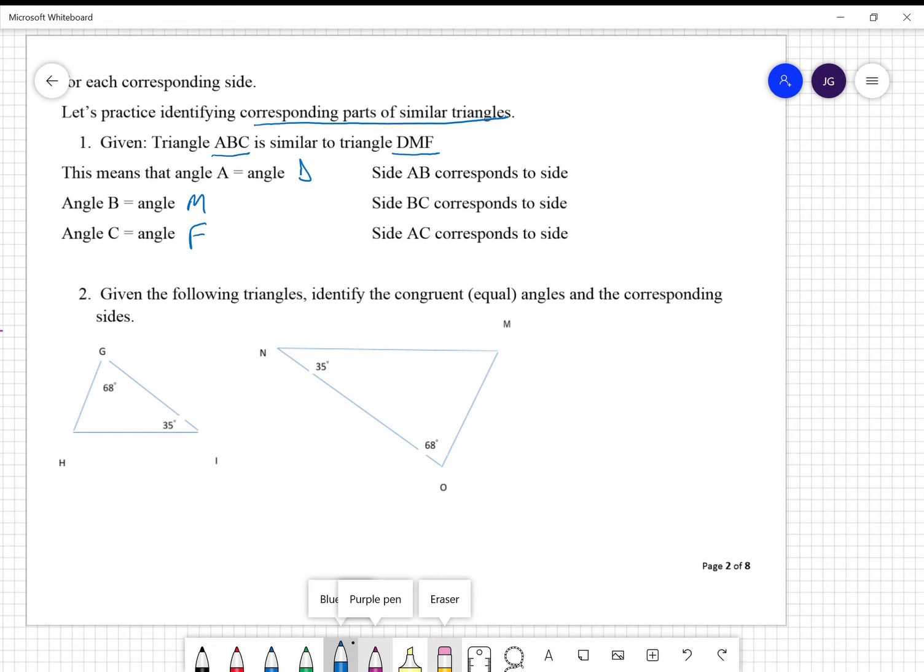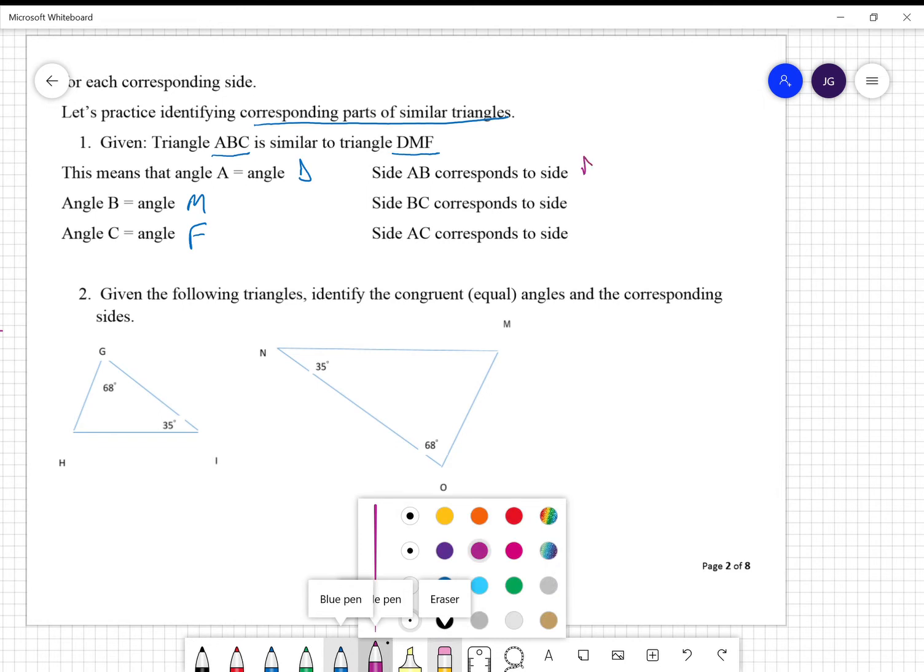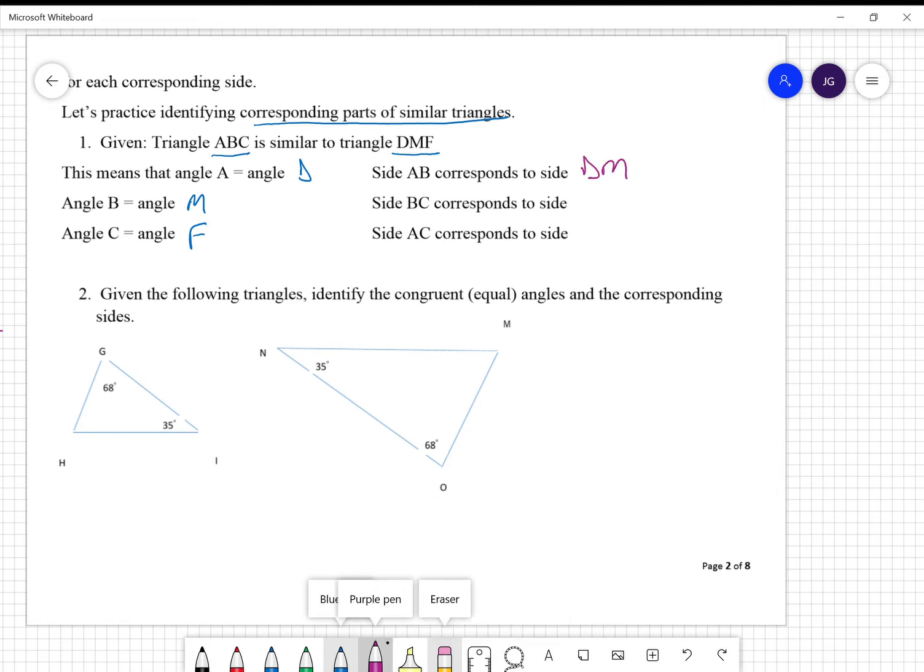Side AB corresponds to side DM. BC corresponds to side MF. And AC corresponds to side DF.